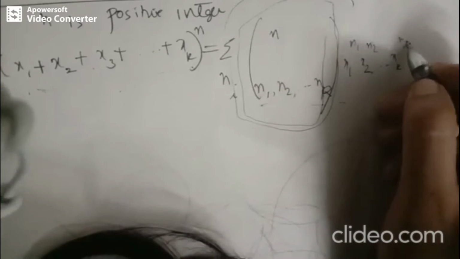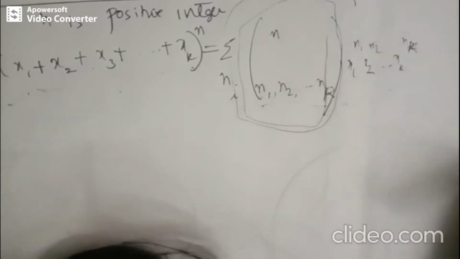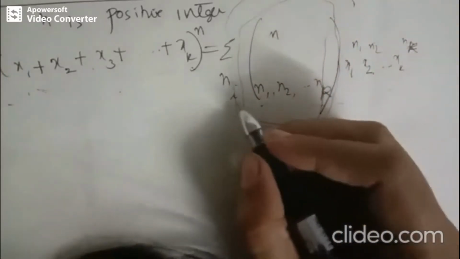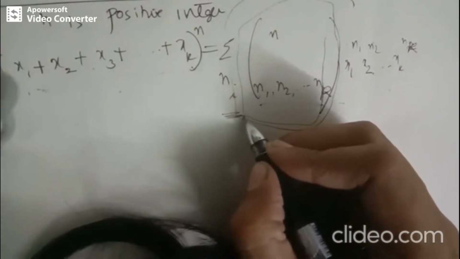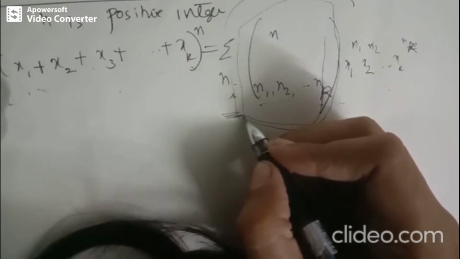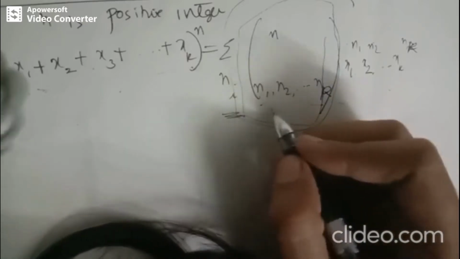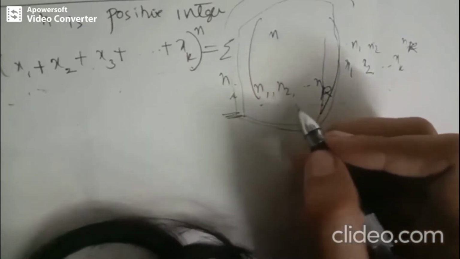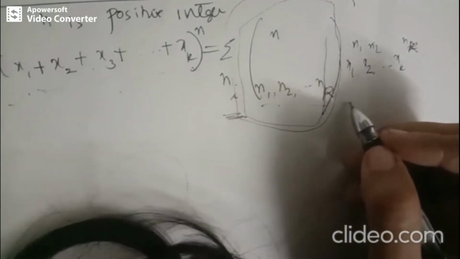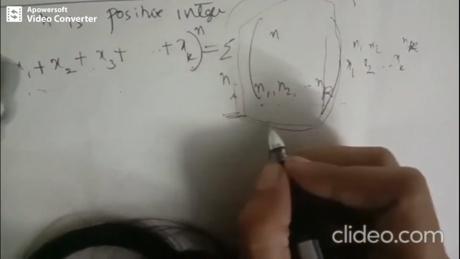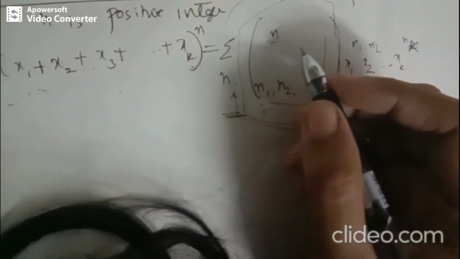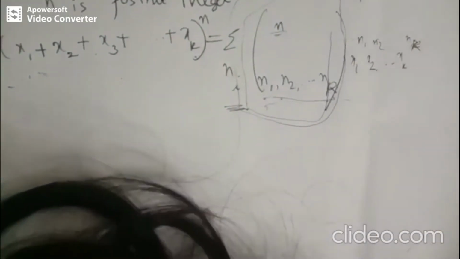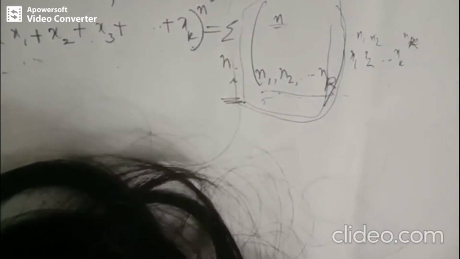Here the summation is over all the ni's, that is n1, n2 up till nk. And we know that the sum of all these finally leads to n.